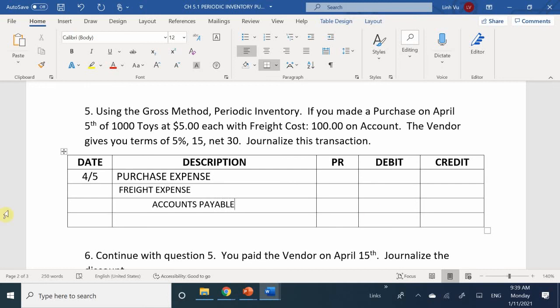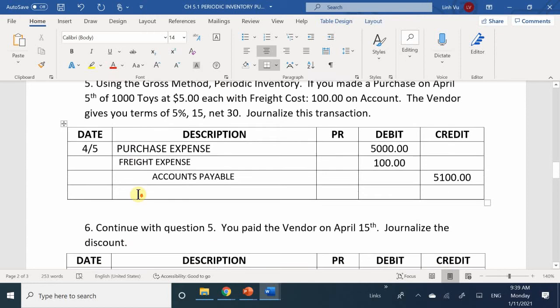Now, how am I going to journalize this though? 5,000. Good. And then 100 freight expense. And my total is going to be 5,100. If you want to, again, I'm only just having you practice understanding this concept, so I'm not going to put a description there.